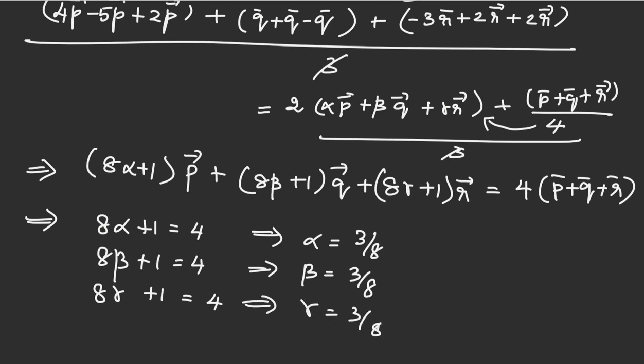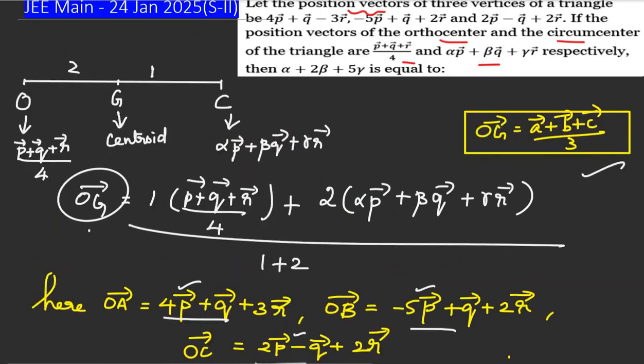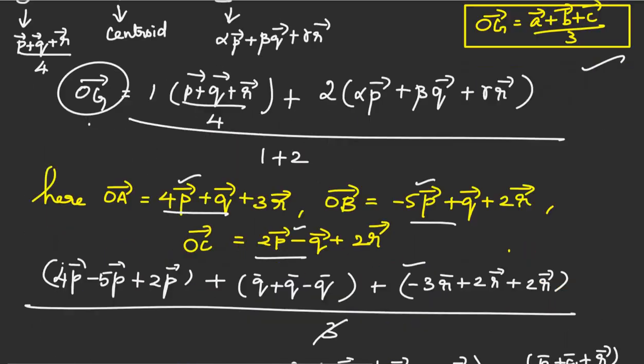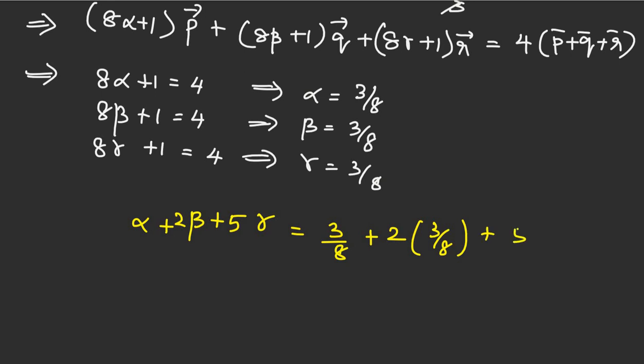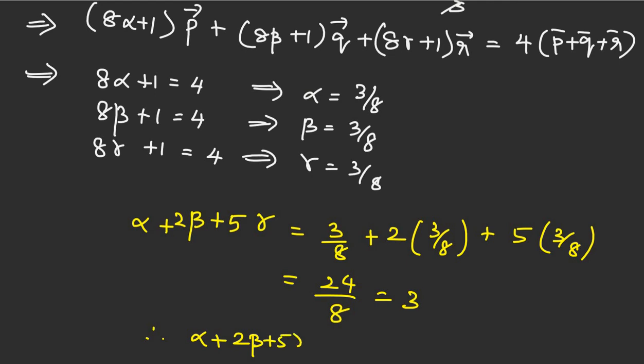Our question is to find the value of alpha plus 2 beta plus 5 gamma. That is 3 by 8 plus 2 into 3 by 8 plus 5 times 3 by 8, which is equal to 24 by 8, which is equal to 3. So therefore, alpha plus 2 beta plus 5 gamma will be equal to 3.